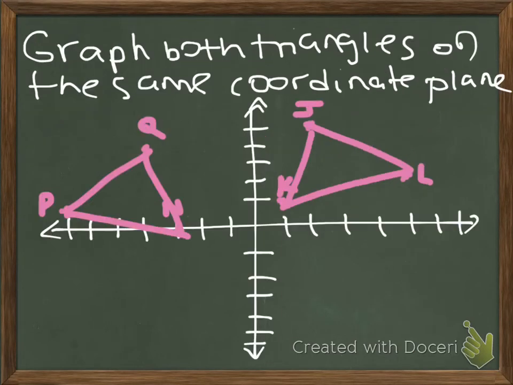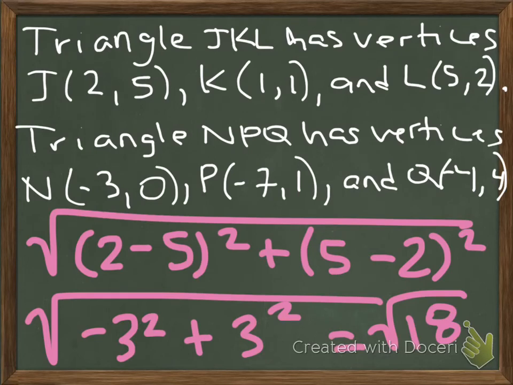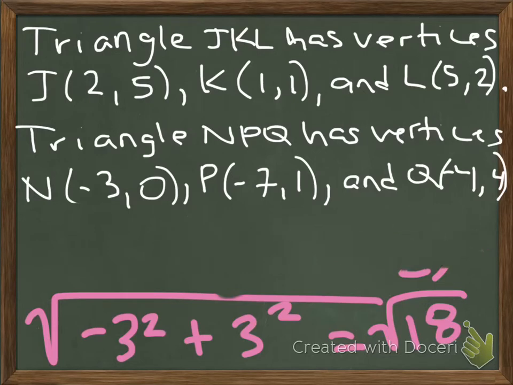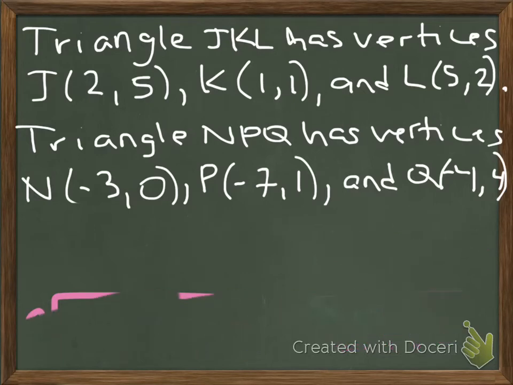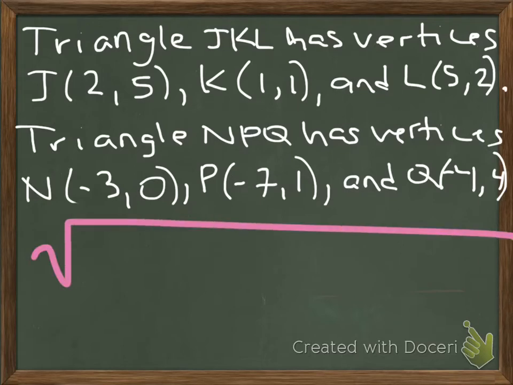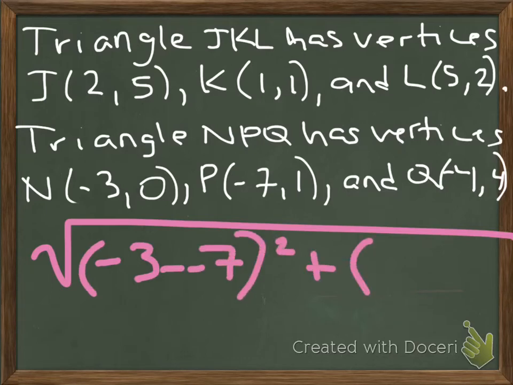Now we do it with the second triangle, NPQ. Let's find these three sides. So the square root of, let's say NP, so negative 3 minus negative 7 squared plus 0 minus 1 squared.